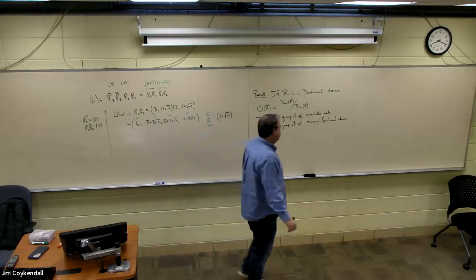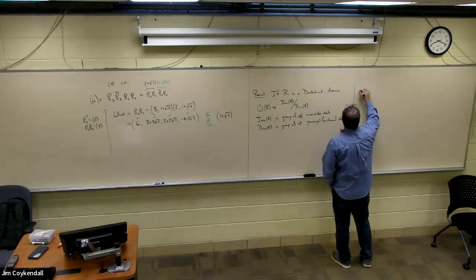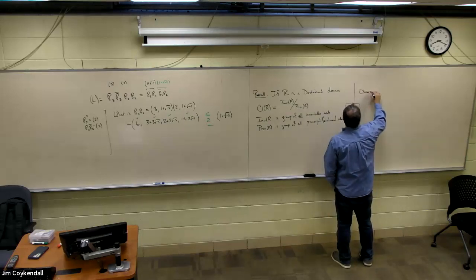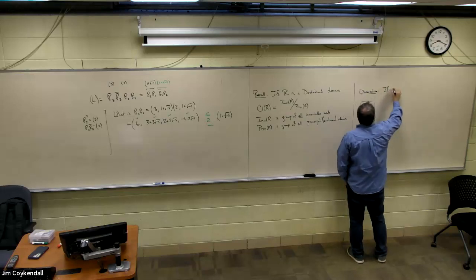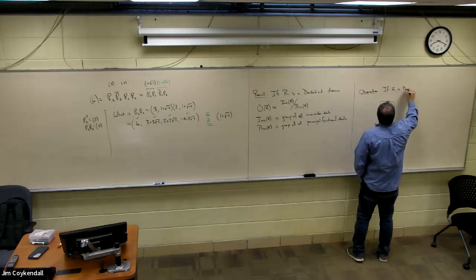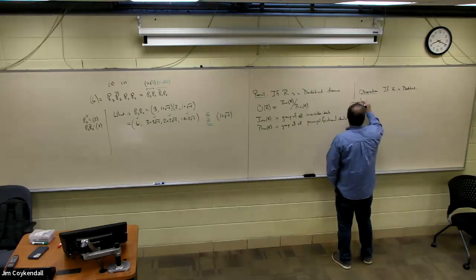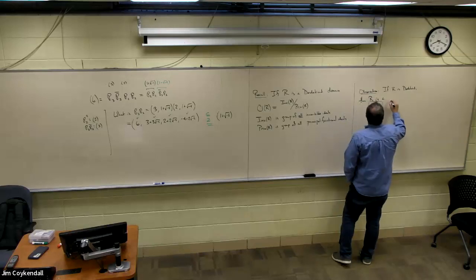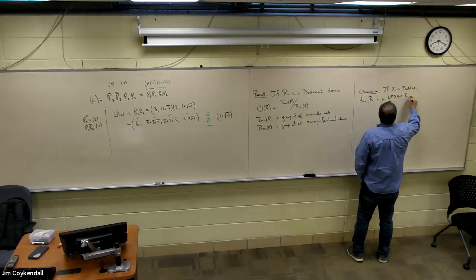So notice this observation. If R is Dedekind, then R is a UFD if and only if R is a PID.